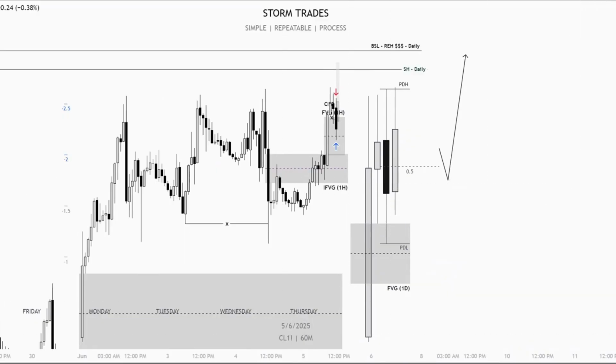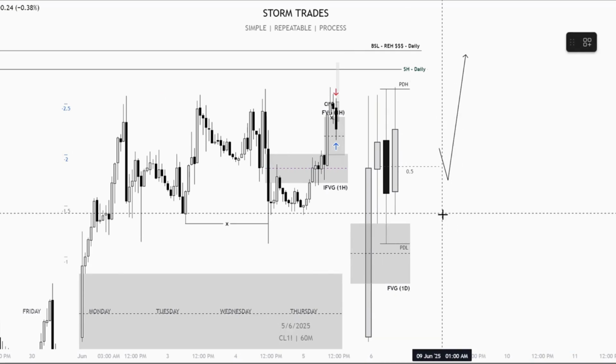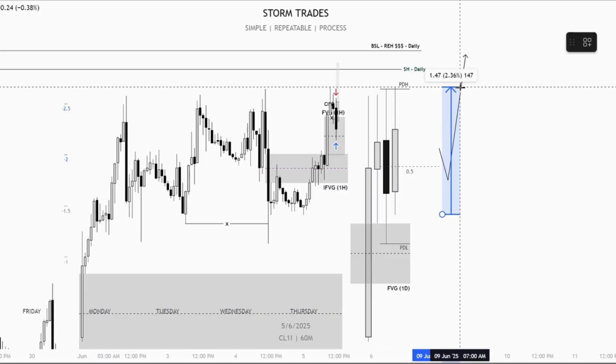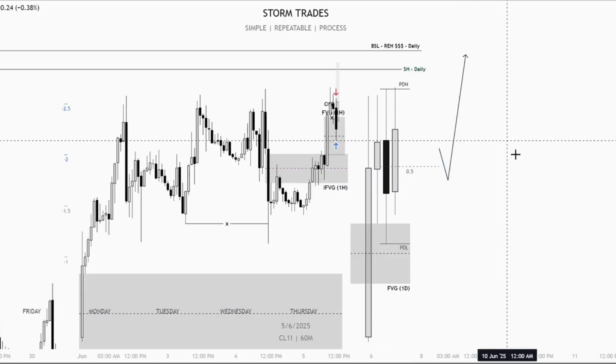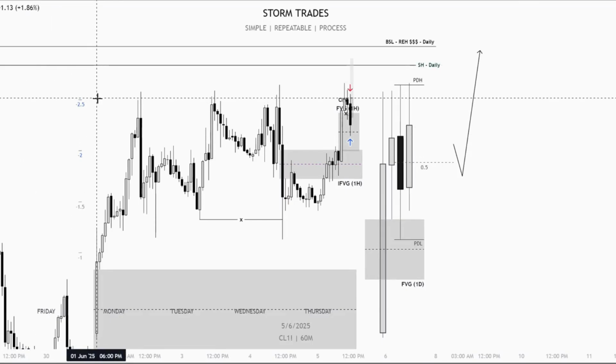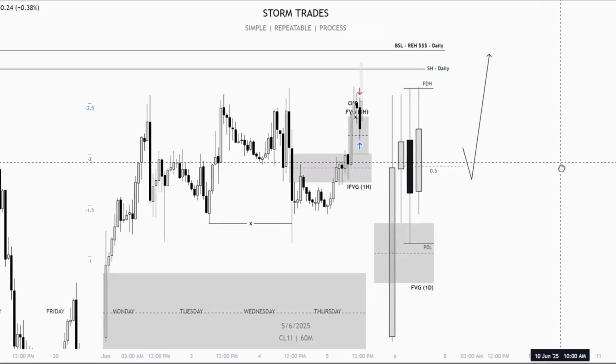So you'll hear people talk about ADRs, the average daily range. Well, on this particular day, we had already had a 2.36% move in CL. That combined with the fact that we've already run the -2, -2.5, and we were unable to get any candle closes above it.